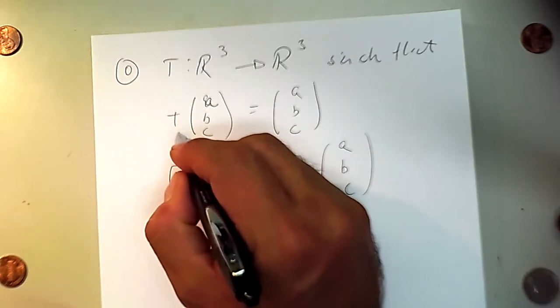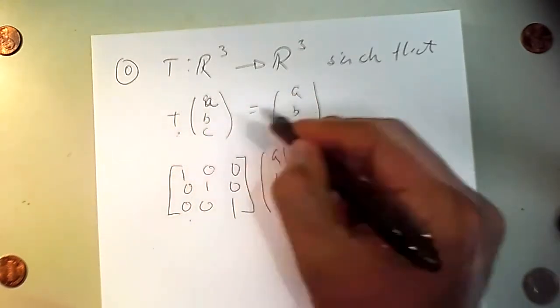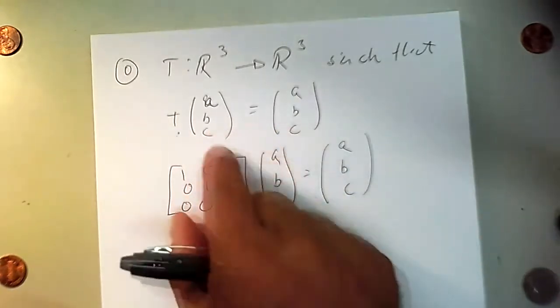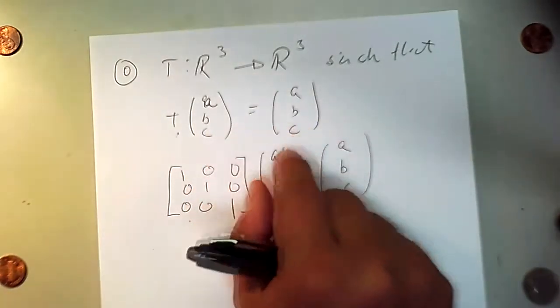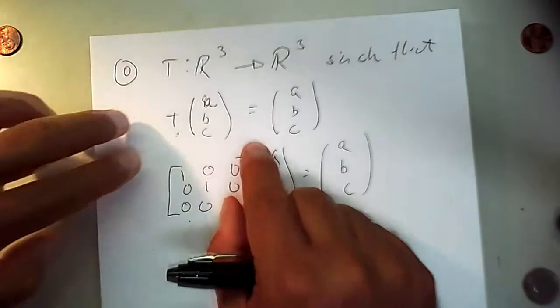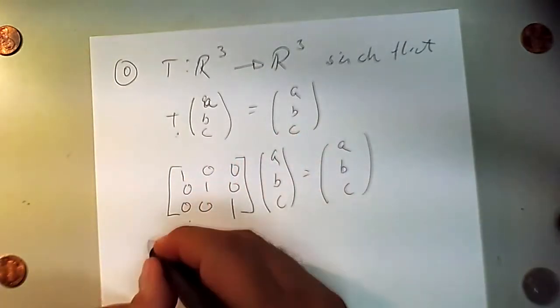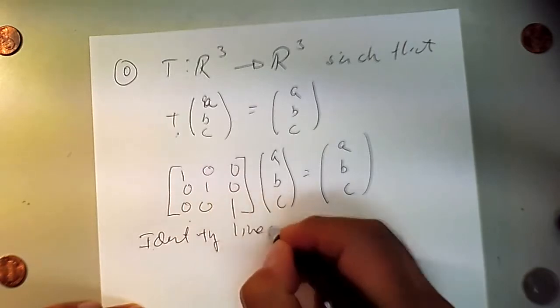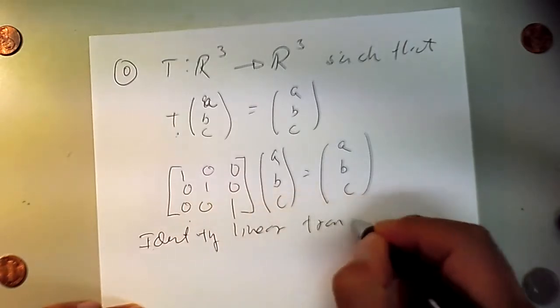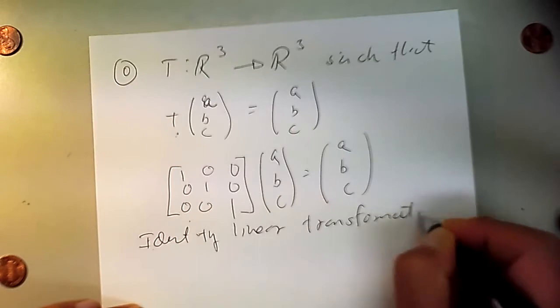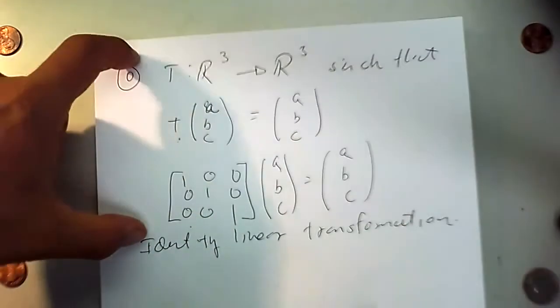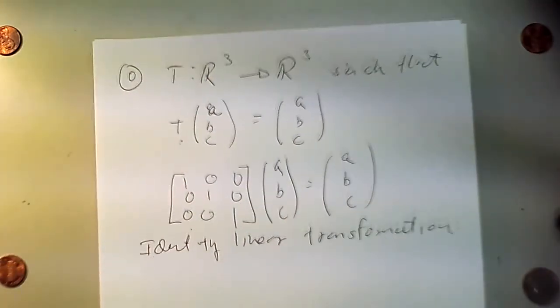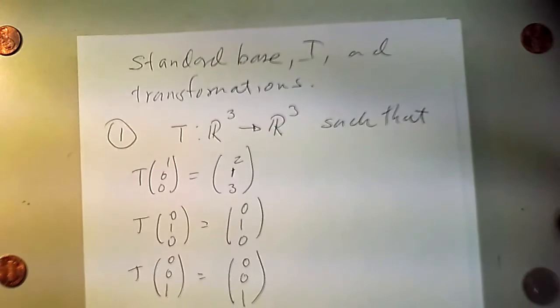And this linear transformation just doesn't change anything, leaves things alone. This is a super, super basic linear transformation. This is the identity linear transformation. Okay, so I wanted to put this in the record before we did another example, which is a simple example.